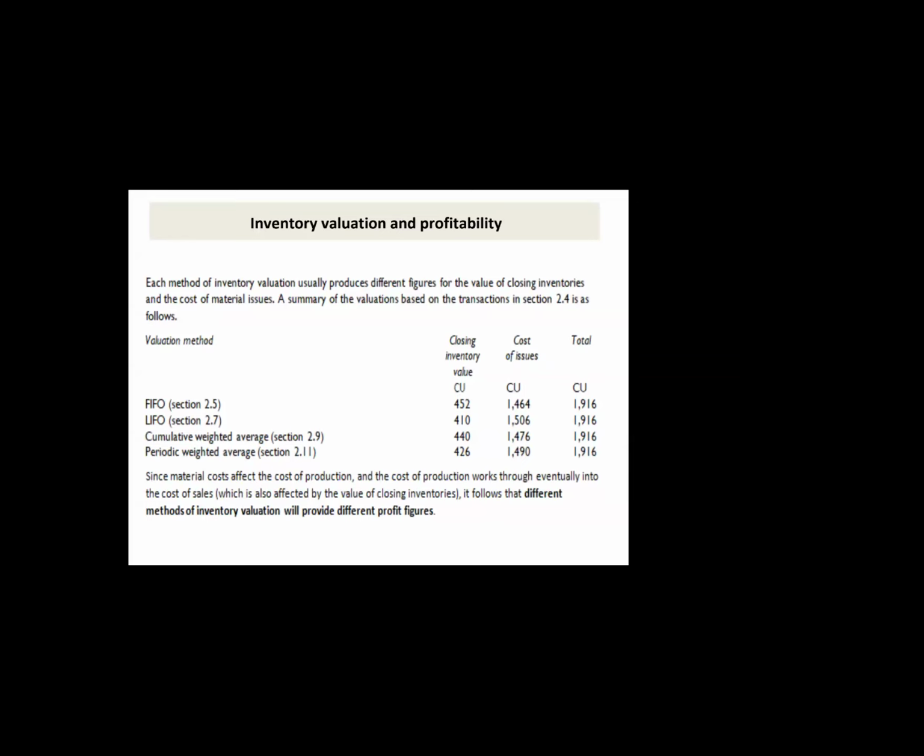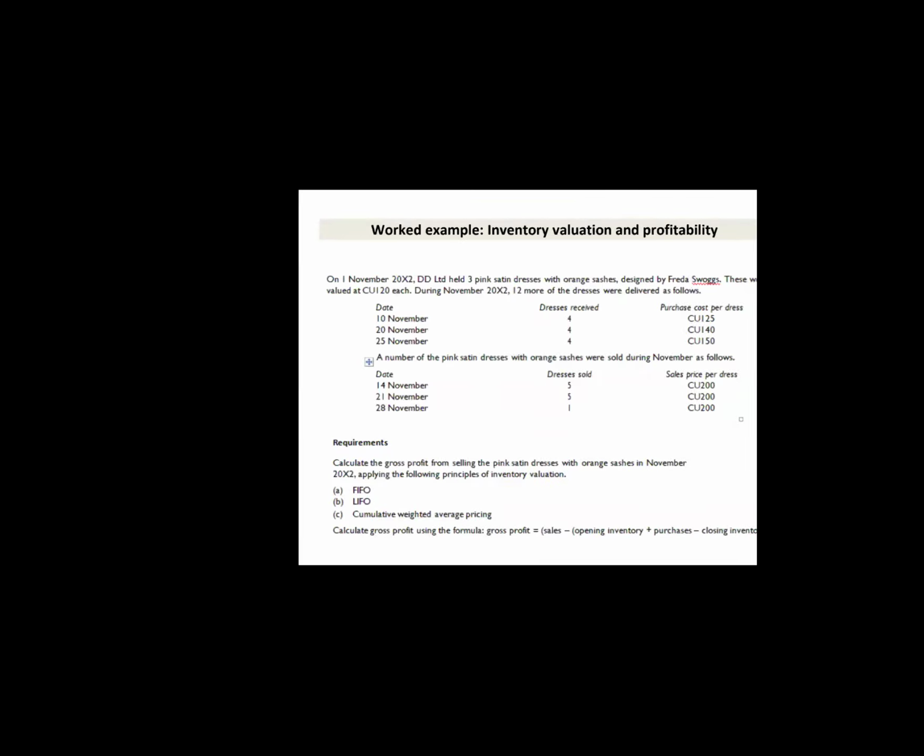So it is easy to remember that higher value of closing inventory will give higher profit, and lower value of closing inventory will give lower profit. Since material cost affects the cost of production, and the cost of production works through eventually into the cost of sales, which also affects the value of closing inventory, it follows that different methods of inventory valuation will provide different profit figures.